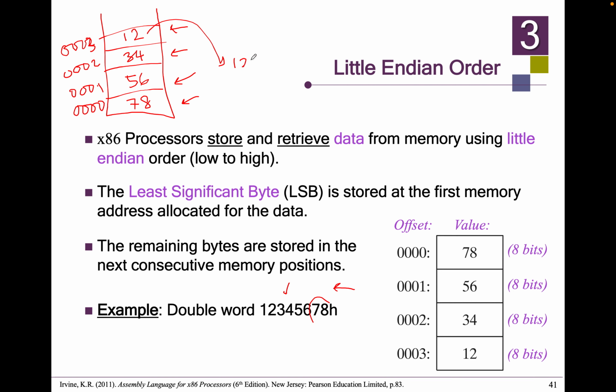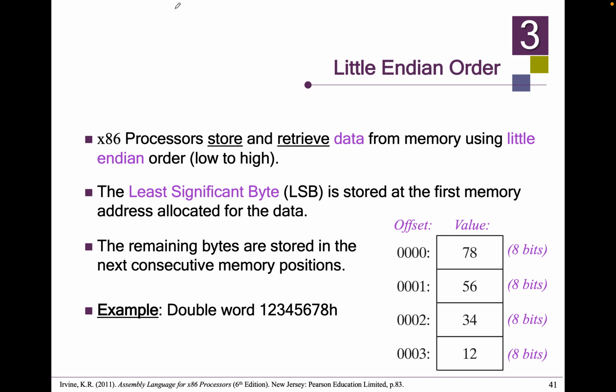That's why you write this first, and then second is 34, 56 and 78 in hexadecimal. But when it goes in, it takes first this, next, next, and next.